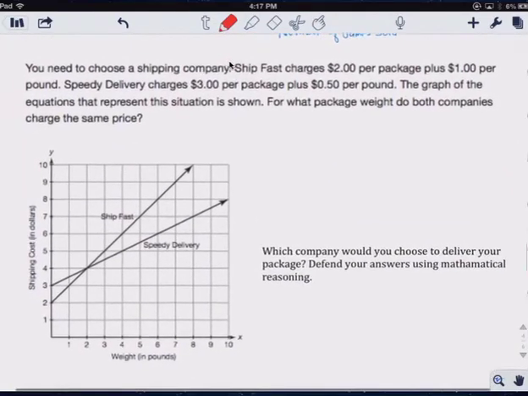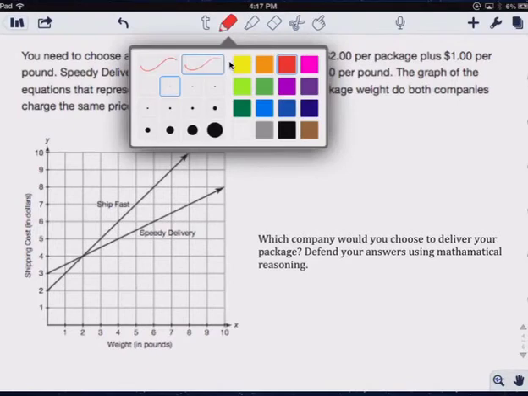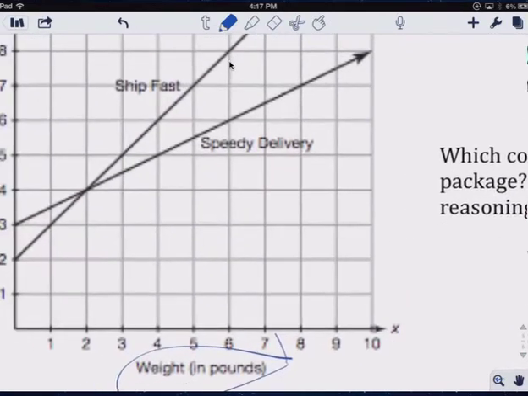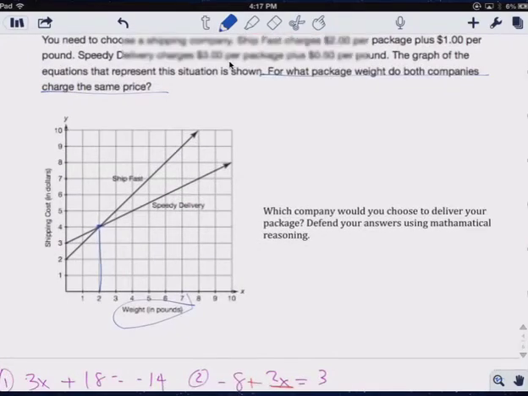Okay, so here we need to learn how to read graphs. For what package weight do both companies charge the same? Okay, the weight where they charge the same is at 2 pounds, which costs $4.